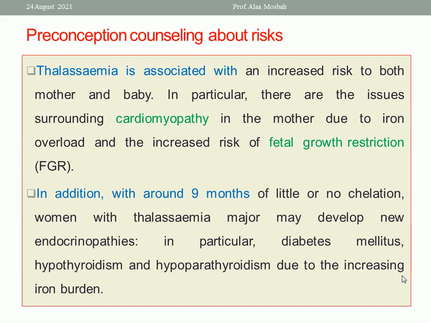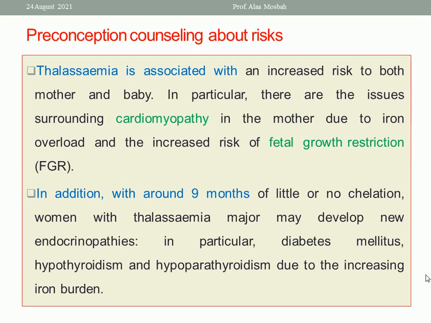What about the preconception counseling about the risk? You should tell the woman about the maternal and the fetal risks. What is the maternal risk? The most important is cardiomyopathy due to iron overload, and there is also increased fetal risk, specifically fetal growth restriction and miscarriage.